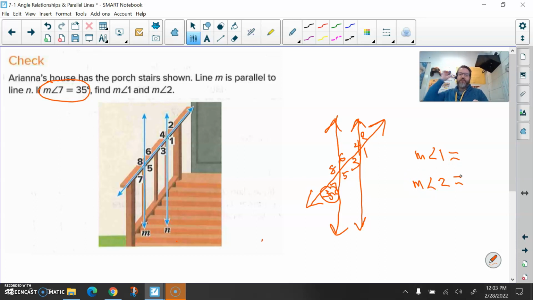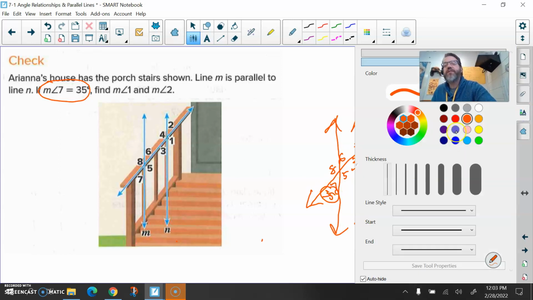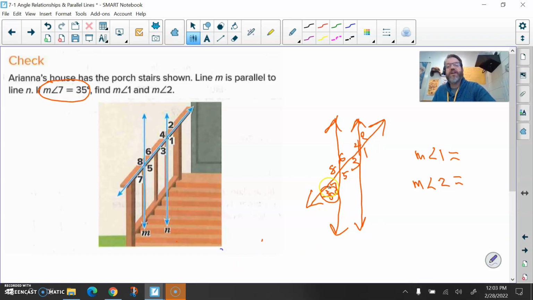What I do know is angle 7 here, let me switch colors so I can show this to you more clearly. Angle 7 right here has to be the same measurement as angle 2. Angle 2 and angle 7 are alternate exterior angles.